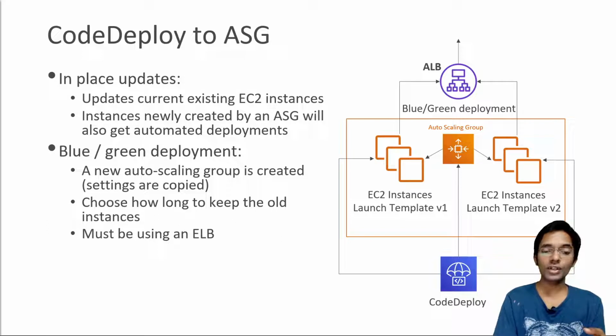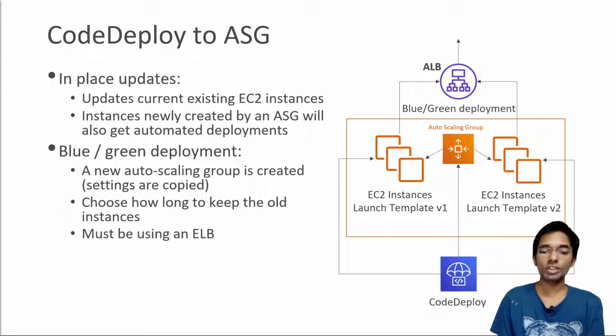Now we have both EC2 instances running, version 2 and version 1. So CodeDeploy has to deploy the application to these new EC2 instances running version 2, and then ELB is going to be serving both versions at the same time. And if everything looks fine, then at some point CodeDeploy is going to remove the old instances and the deployment will have happened.